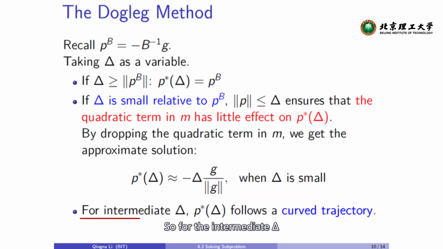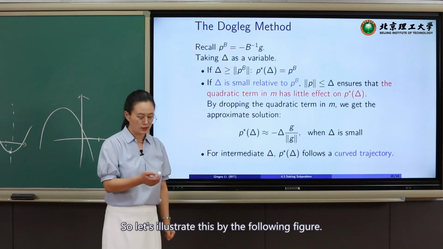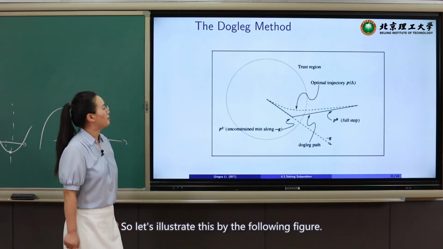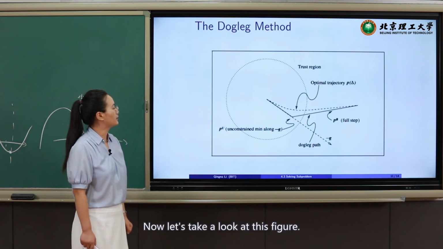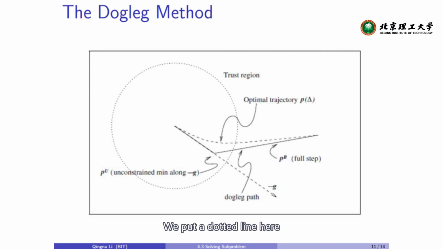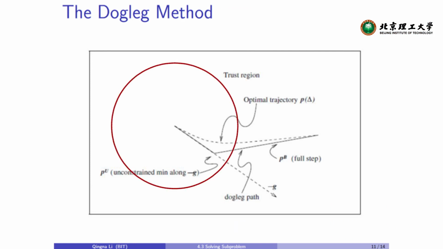So for the intermediate delta between very small size and very large size, this P star delta follows a curved trajectory. Okay, so let's illustrate this by the following figure. Now let's take a look at this figure. We put a dotted line here to demonstrate the trust region, and we are currently sitting at the point xk.